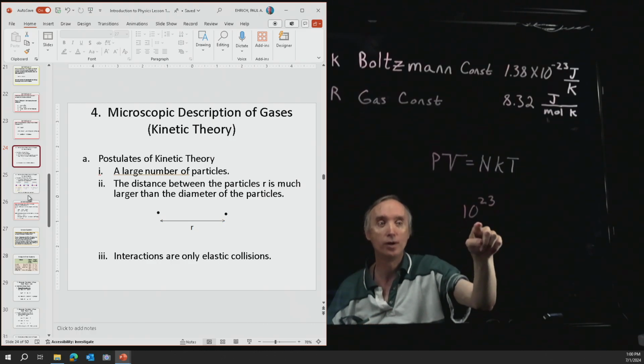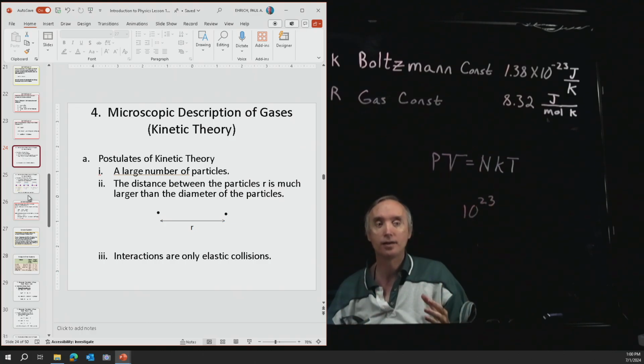So whenever we're talking about kinetic theory, we are thinking about huge numbers of things that are interacting with each other. The second thing is that the distance between the particles is going to be much larger than the diameter of the particles.